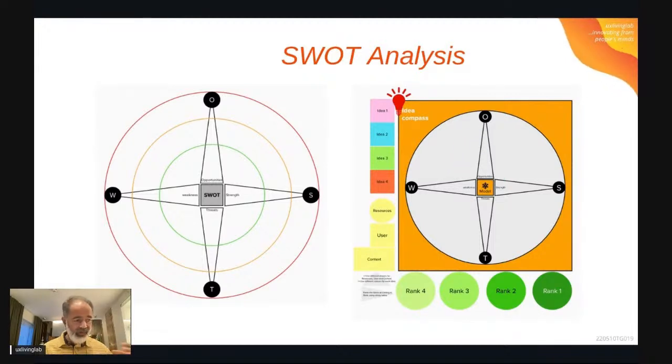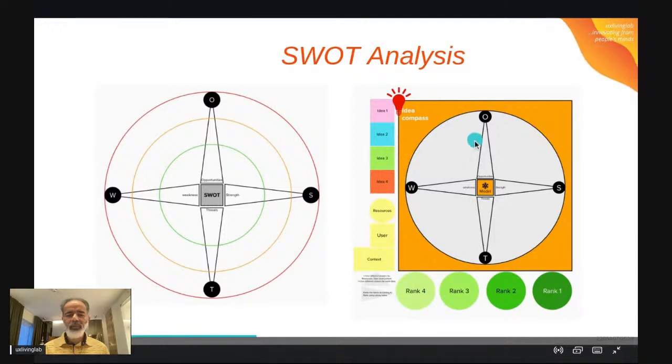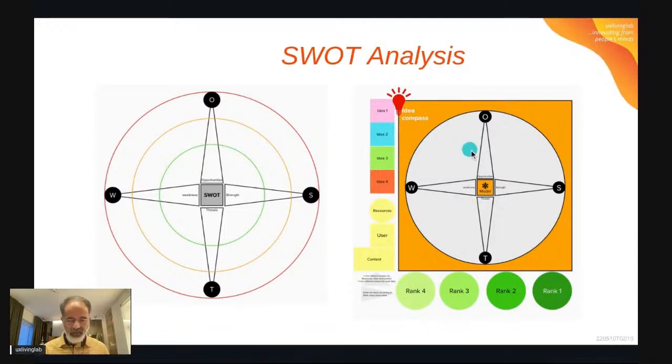If you do SWOT analysis on different sheets for different ideas, as a start you can, but you have to combine those SWOT analyses into one sheet. Then only can you put the relative strength or weakness of these ideas. You can also use multiple shapes for resources, user, and context. These are the different perspectives. After this, you can easily rank, because when you get the relative position, you can easily rank.